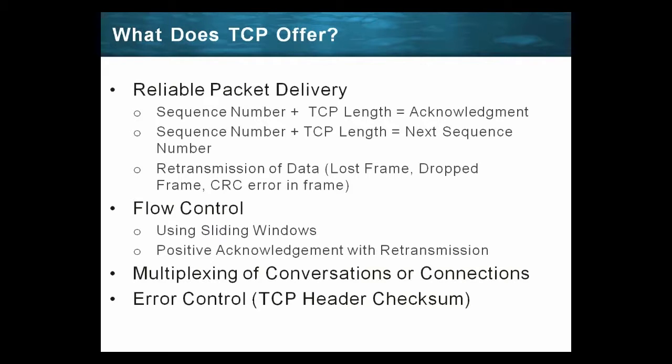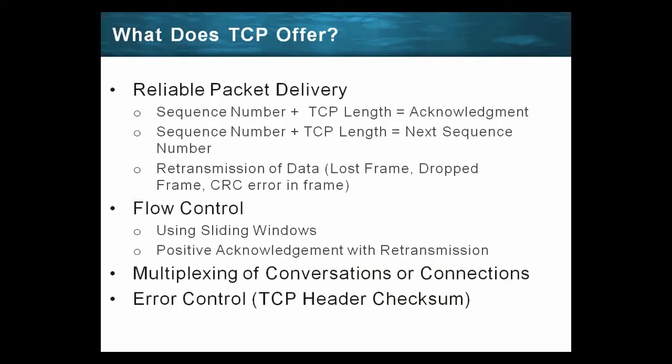If you've told me, for instance, you're the client and you say, hey, I want the customer database, well, the server doesn't know how big the customer database is, so it sends that request up to the application, and the application starts sending data. That customer database may be 10 meg.